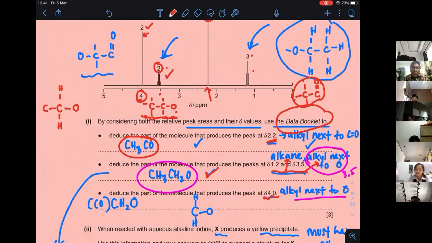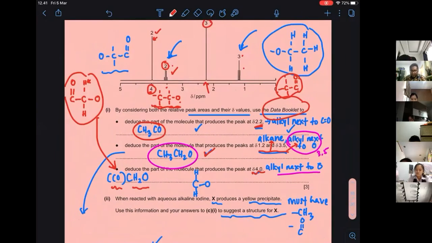So how do you prevent that from happening? This one must be there. So that's why this one came over here. CO must be there. And then CH2O, so this is going to be the proton that they are talking about. That one we deduce.